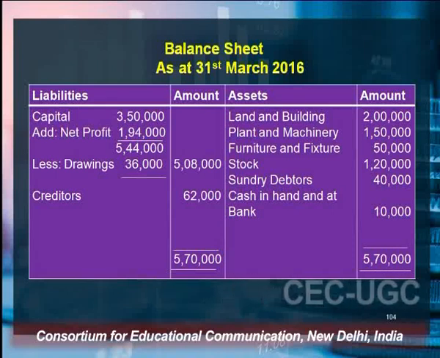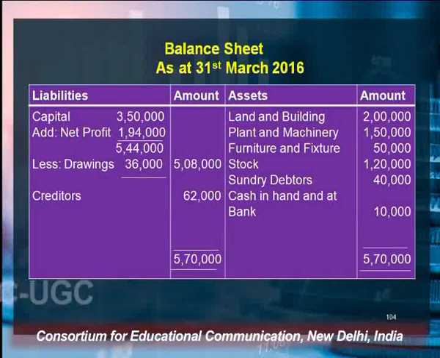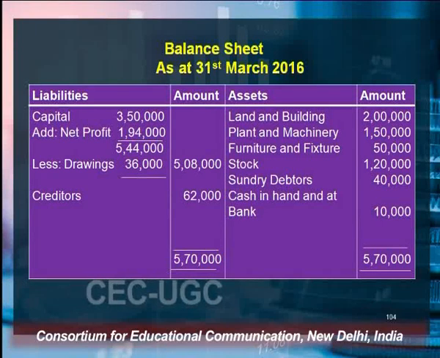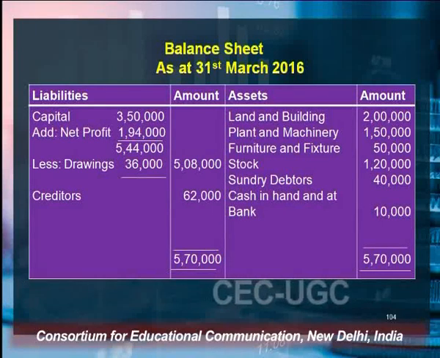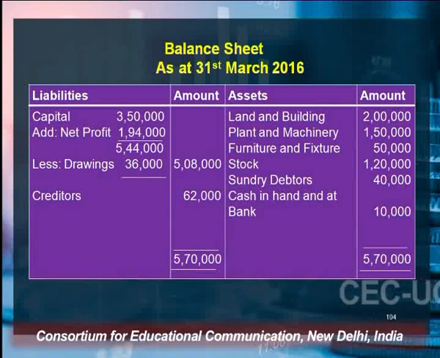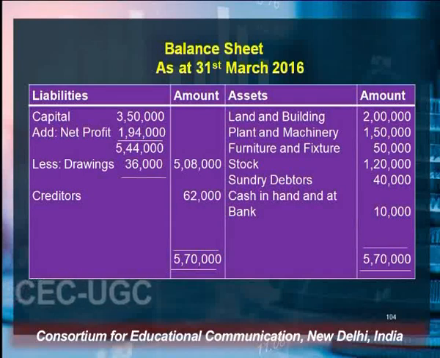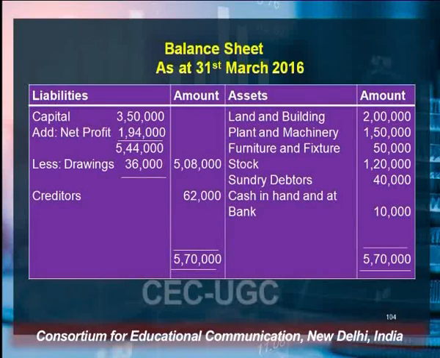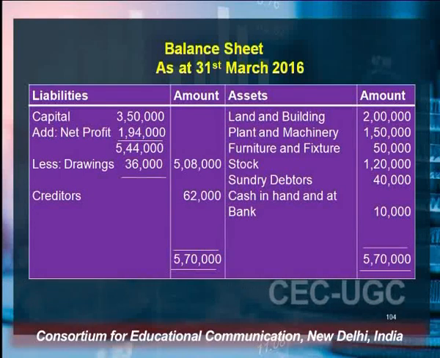So capital is shown on the liability side. Net profit is added to this capital. Whatever is increasing capital will be added to this capital. Because of the net profit, capital is increasing, so we have added it. Drawings are deducted from this. So the net amount is 5,08,000.